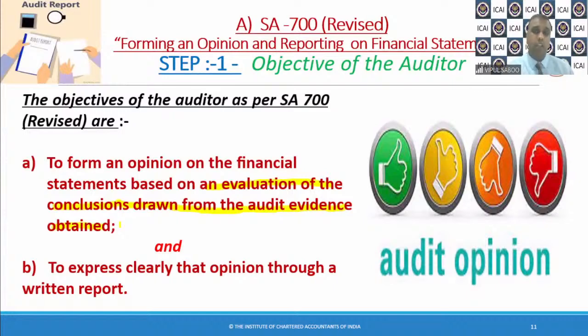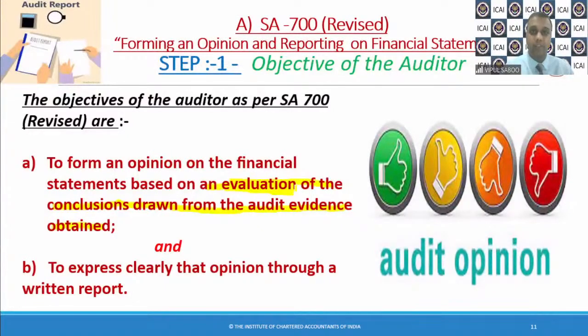In the same way, the auditor has come a long way during the audit. He has gathered all the audit evidence on the road to conclusion of the audit. Now he has reached some conclusions. Now he has to evaluate those conclusions. So he collects audit evidence, he reaches the conclusions, and now he evaluates all what he has found.